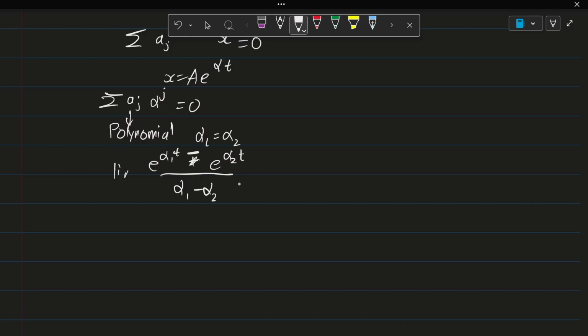Now, if you take the limit as alpha 2 goes to alpha 1, this entire expression becomes e to the power alpha 1 t minus e to the power alpha 2 t over alpha 1 minus alpha 2.